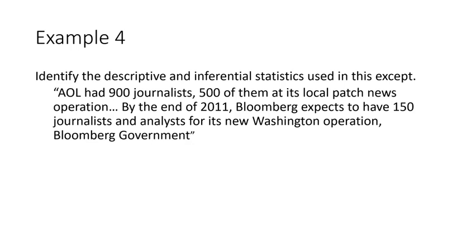So I have to first identify the descriptive statistics. The descriptive statistics is where they are describing what they already have. AOL has 900 journalists, 500 of them at the local news operation. There, they are just reporting data.